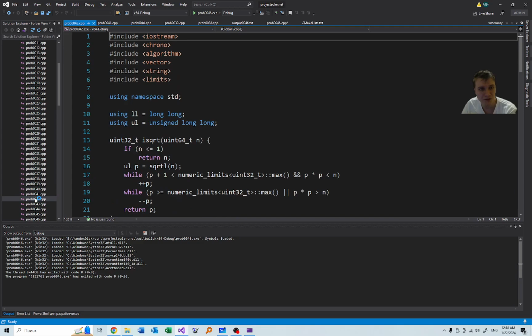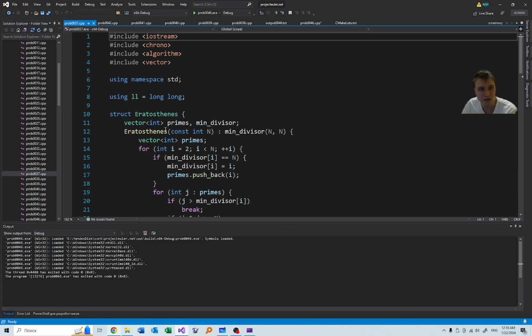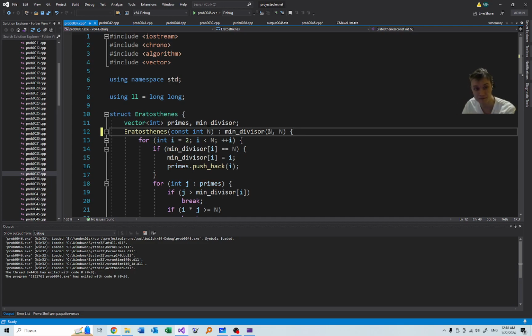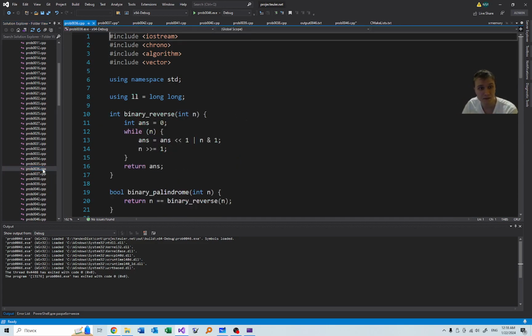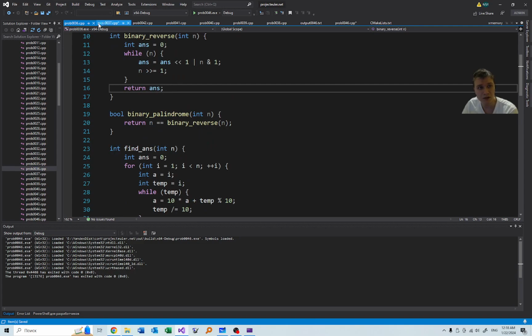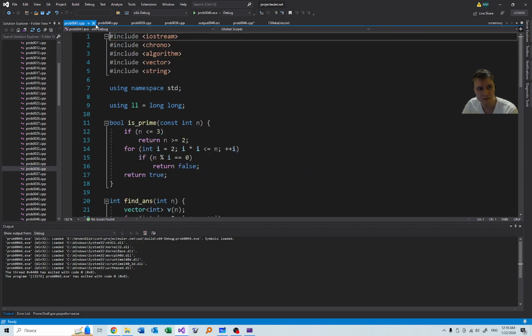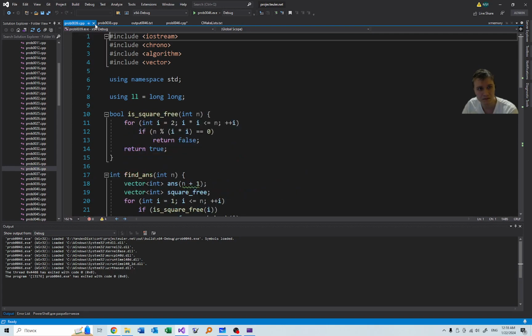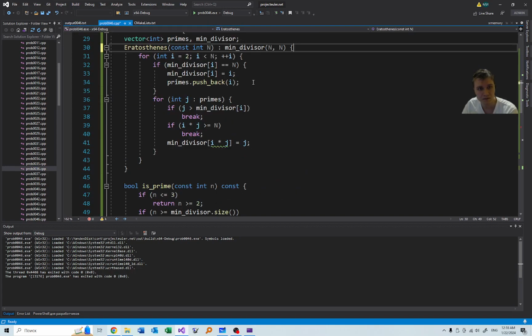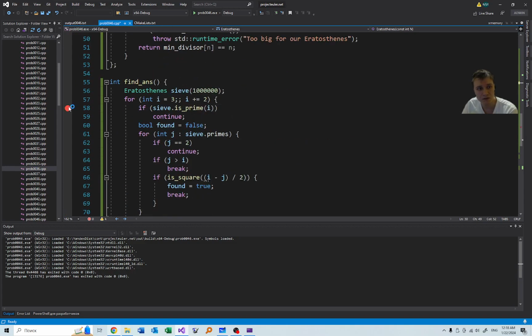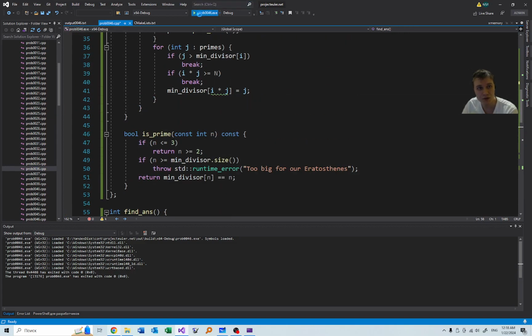I don't want it to be normalized. So we remove this thing here. And now it makes a lot of sense. Fine, let's continue. So now it somewhat should work.